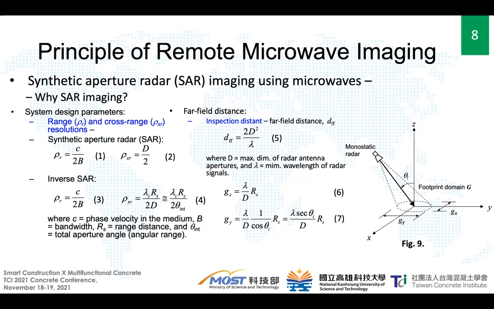This will give civil engineers some ideas about how we use SAR imaging to estimate the condition of the structures. Because we know the size of the targets, SAR imaging can give us an engineering decision on how we can combine these different concerns and come up with the optimal design for the parameters to use.